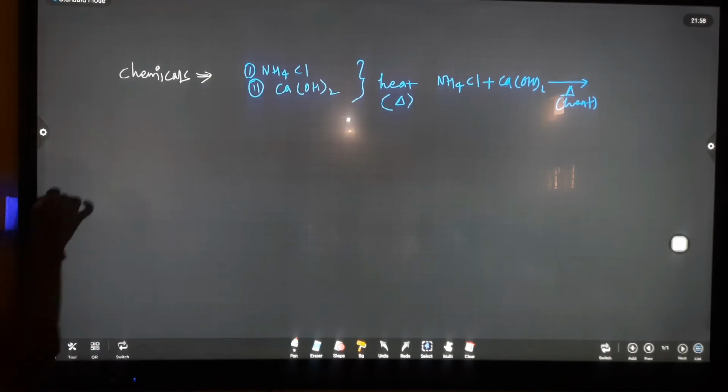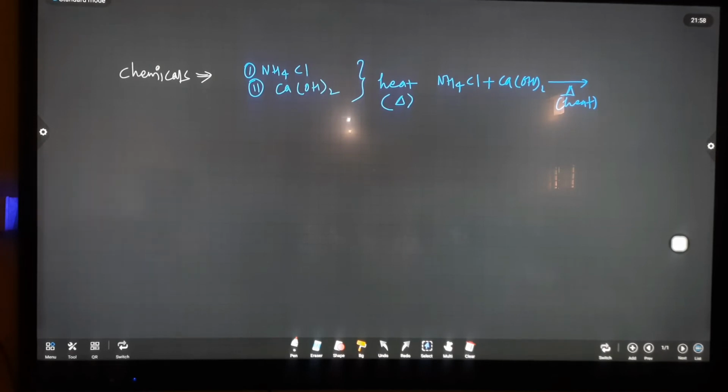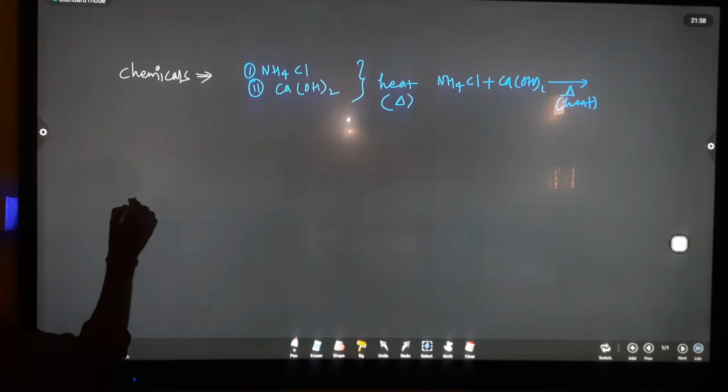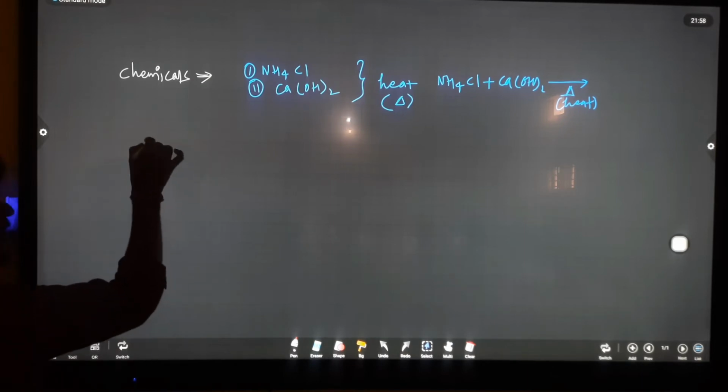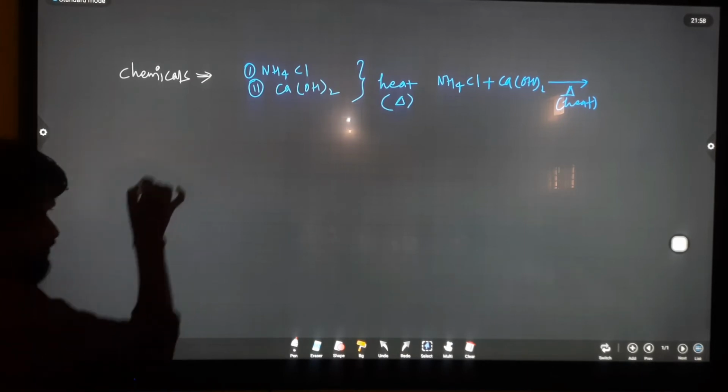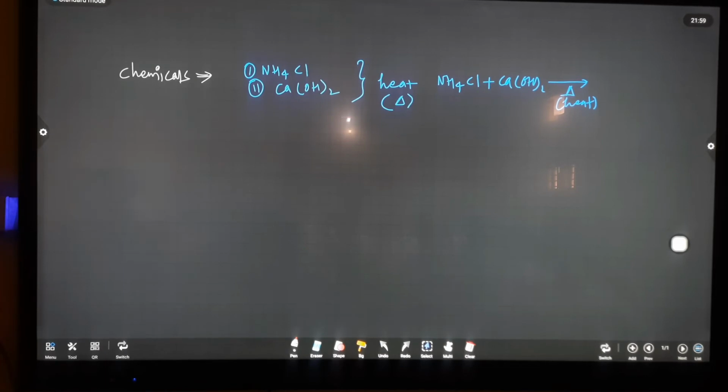Chemicals done. Now, what are the apparatus required here? First of all, we need a hard glass test tube. Whenever we heat, we need hard glass to sustain the heat.